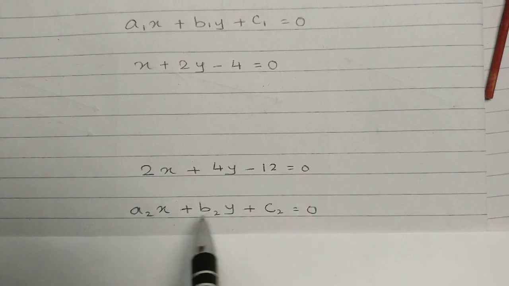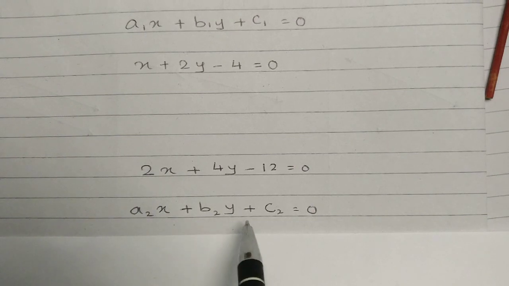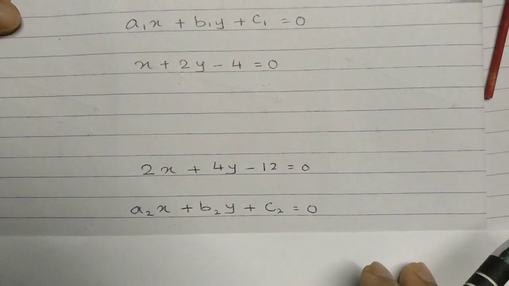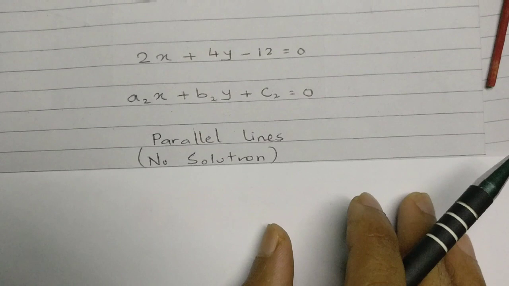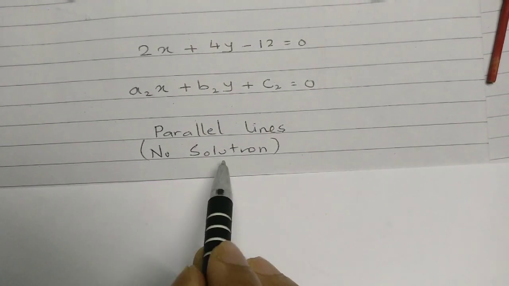Since it is my second equation, I have written over here a2x plus b2y plus c2 is equal to 0. Now, based on this, we will check what is the next condition. It is for parallel lines and you get no solution.